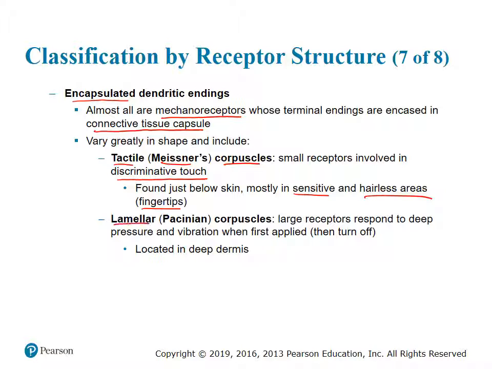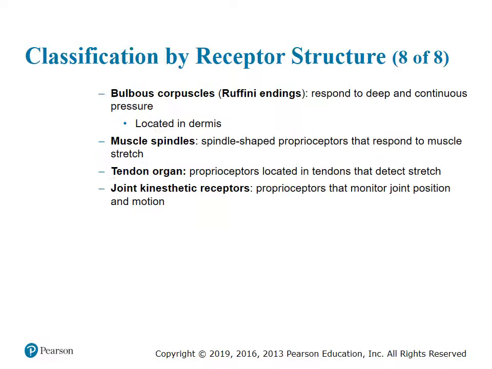And lamellar or Pacinian corpuscles sense deep pressure and vibration, in the deep dermis. So light touch, deeper touch, vibration, pressure. Again, both of which are mechanoreceptors.